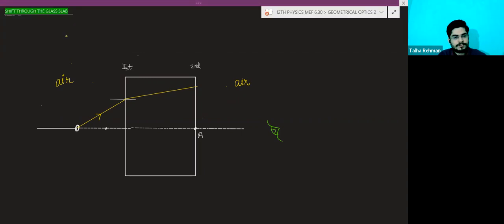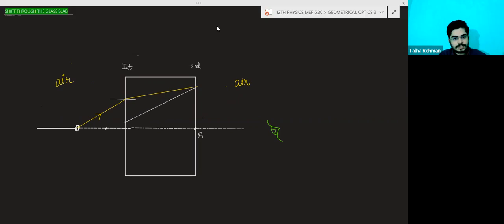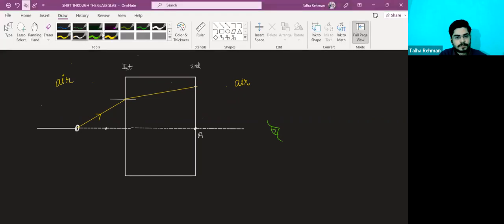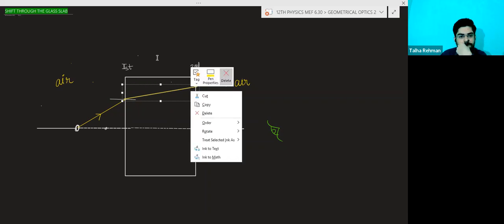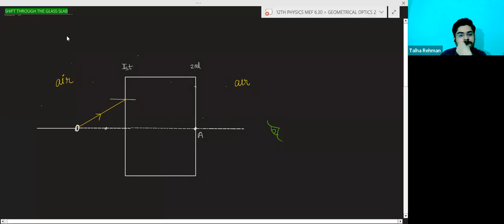So when you produce this refracted ray, it will be bent towards the normal, suppose like this.